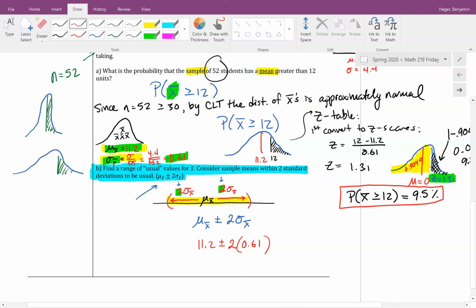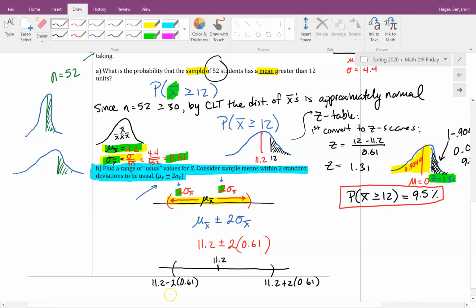Okay. So again, what this does is this gives me a little window that we create. Down here would be 11.2 minus 2 standard deviations. And up here would be 11.2 plus 2 standard deviations. Right in the middle of that would be my mean, 11.2.